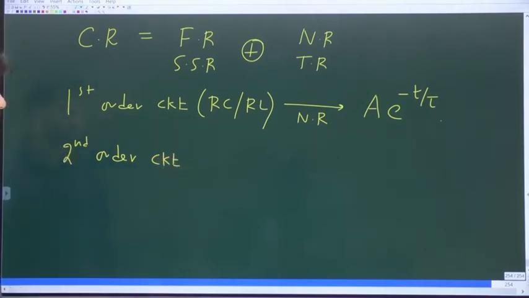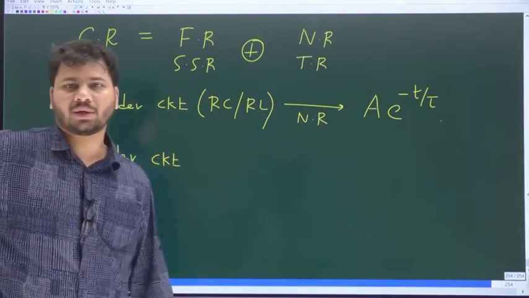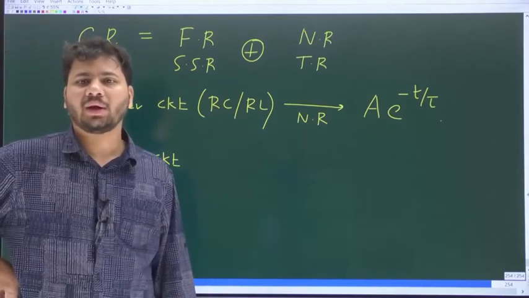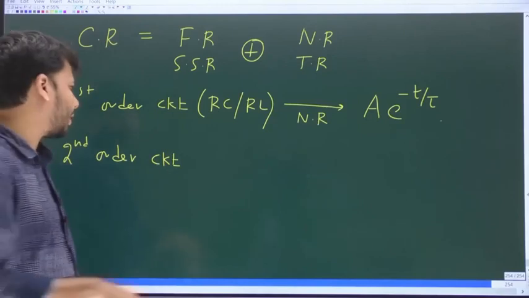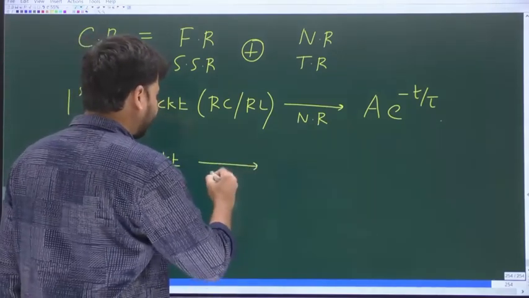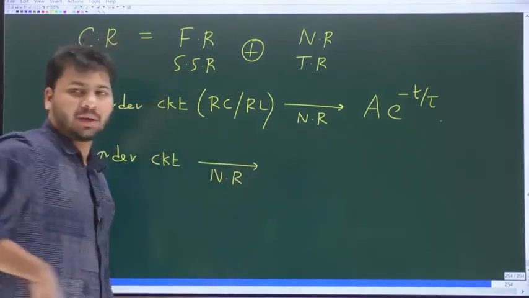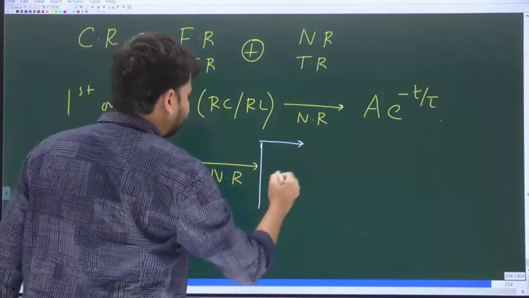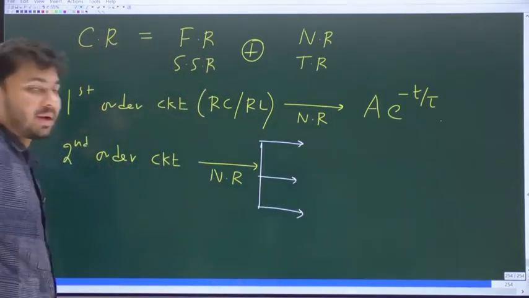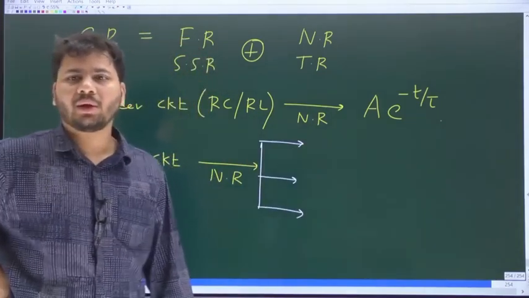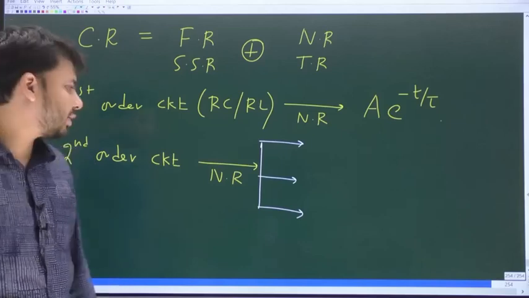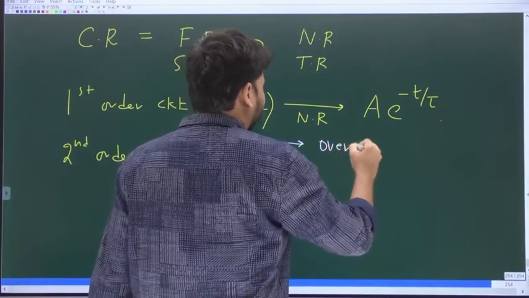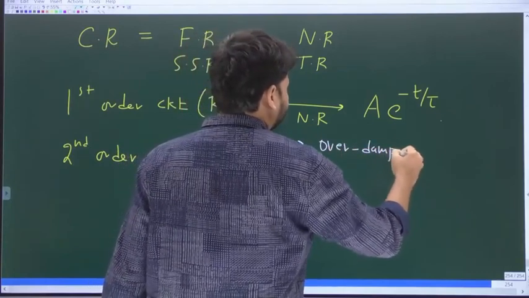And then when it comes to a second order circuit, what are the two types of second order circuits we have? In particular, we have the parallel RLC and the series RLC networks. Okay. So for a second order circuit, again the natural response can be one of three types. The first type is overdamped.